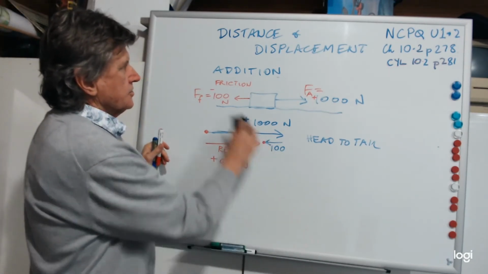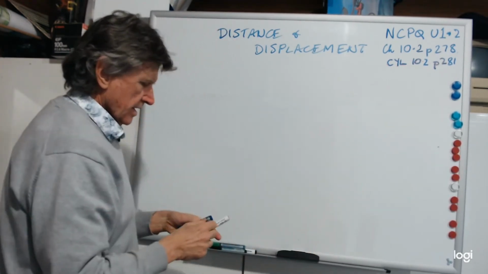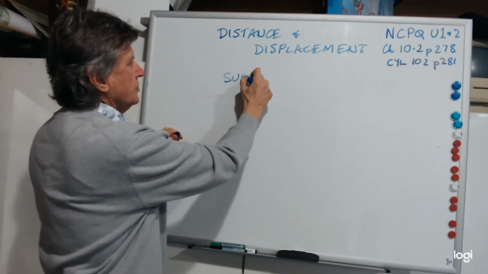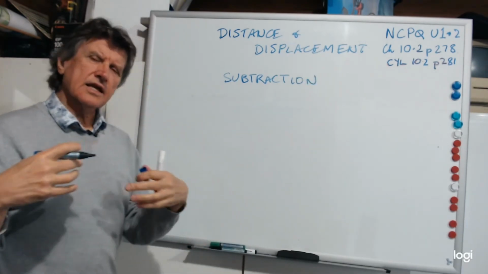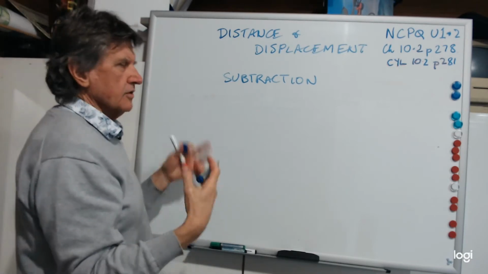Let's look at subtraction now. Now, subtraction's a tricky one. Say for instance, I said to you, now without giving you a practical example, let's just have a look at how you might do it mathematically or using vectors.